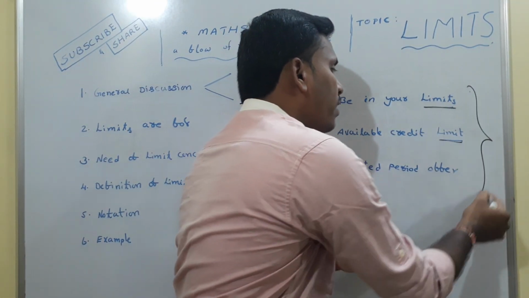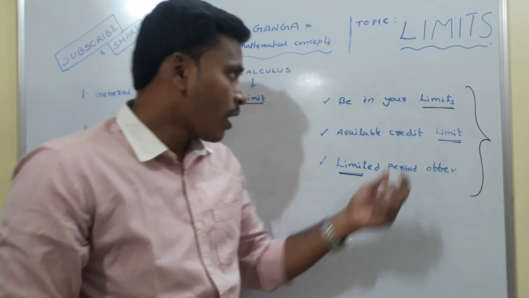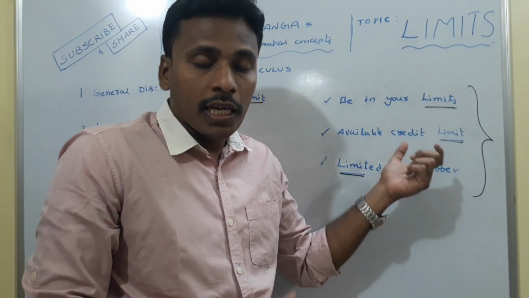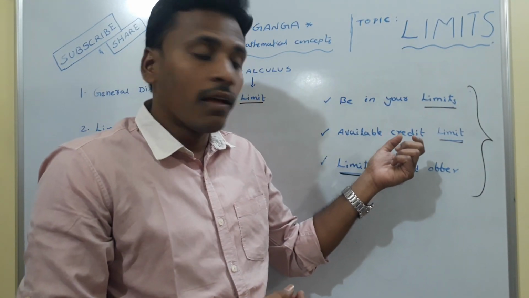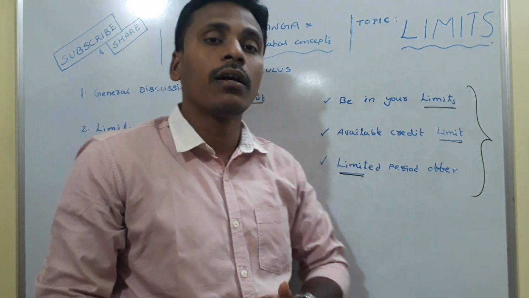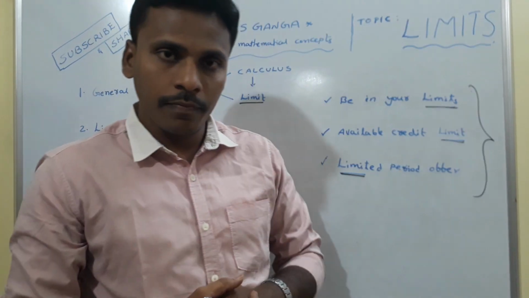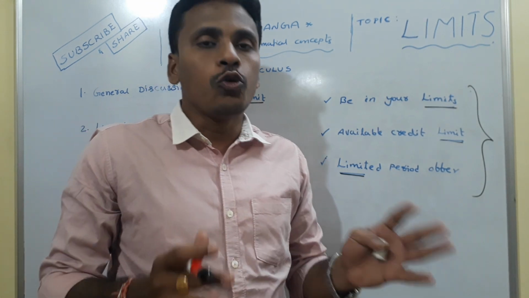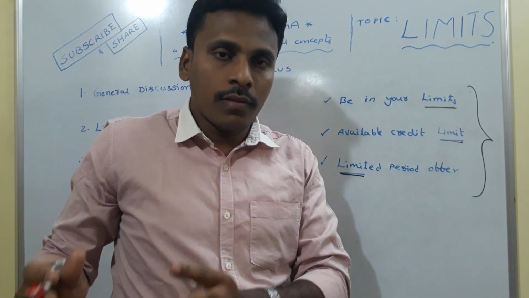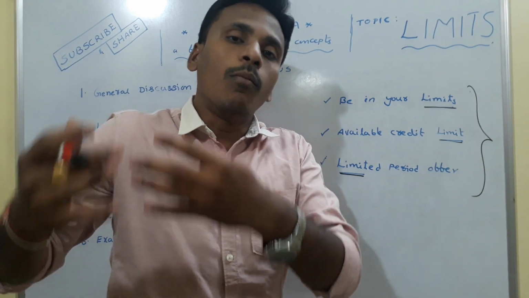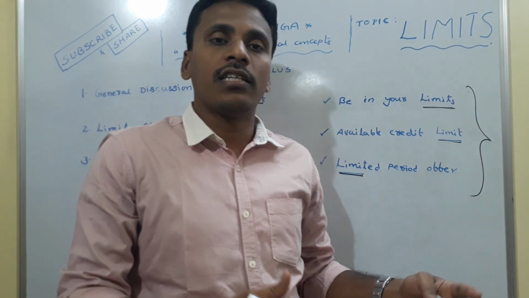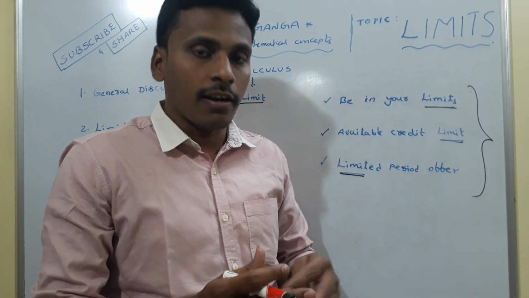For example, in regular bank transactions, we face the sentence available credit limit. If the available credit limit is 1 lakh rupees, you are free to use up to 1 lakh rupees, and if you transact more than that, additional charges are applied. This is the general meaning.